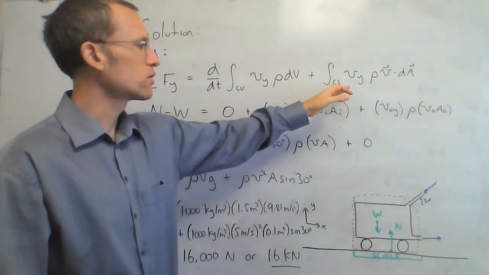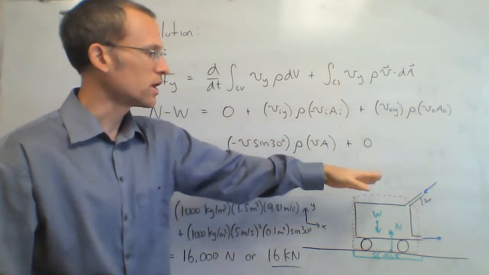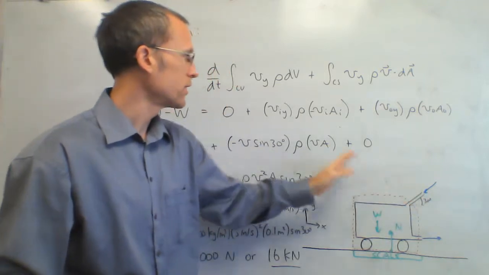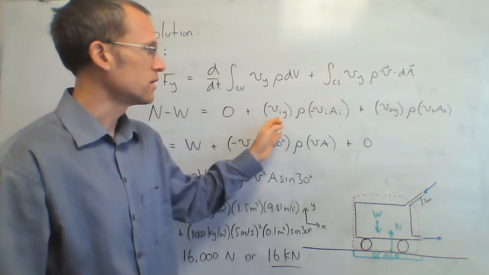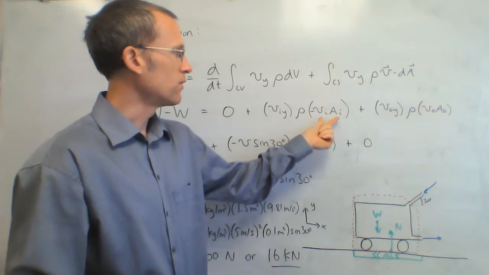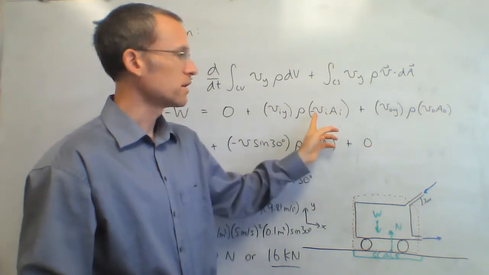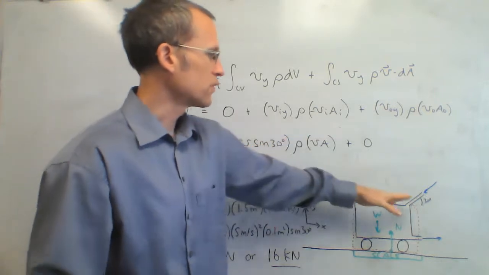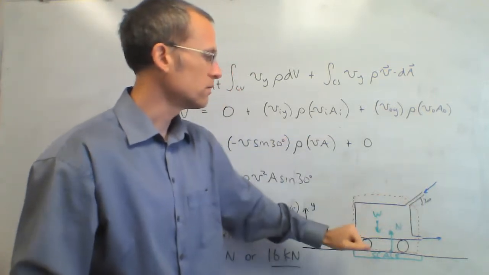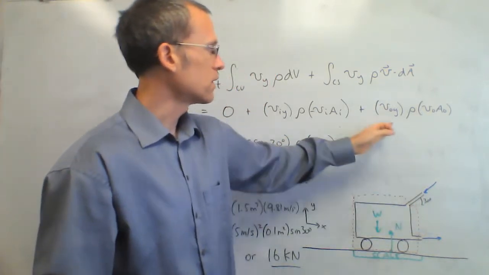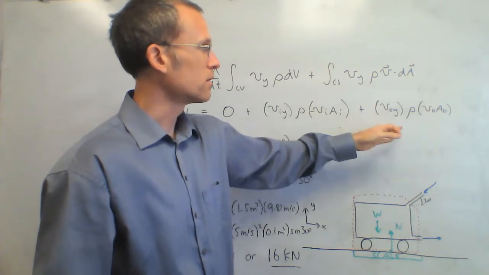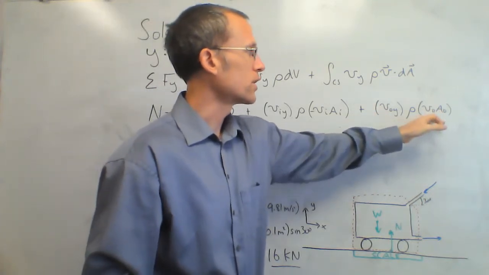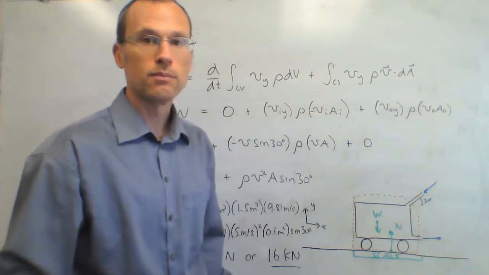In terms of my second integral, I have two components of it, one coming in. So coming in, I want the y component of that velocity coming in, rho, and then velocity times area coming in, with the minus sign indicating that it is coming in. That's for this stream at the 30-degree angle. Horizontal stream coming out, I have some velocity in the y direction coming out, density and velocity area out, v dot dA, positive outwards.